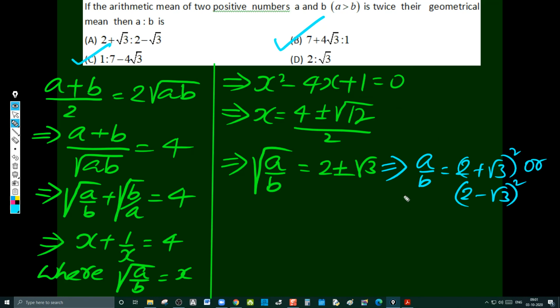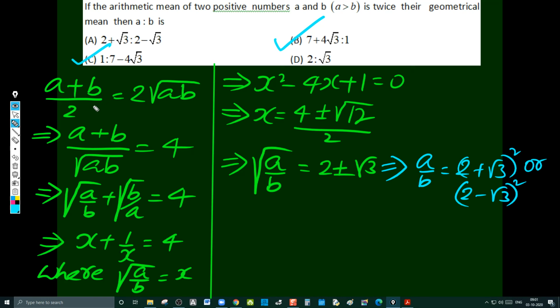Yes, sir. But you have to check the other options also. No, sir, I think because they have given that A is greater than B, so C is not correct. C, you are saying C not correct or A not correct? C not correct, sir.